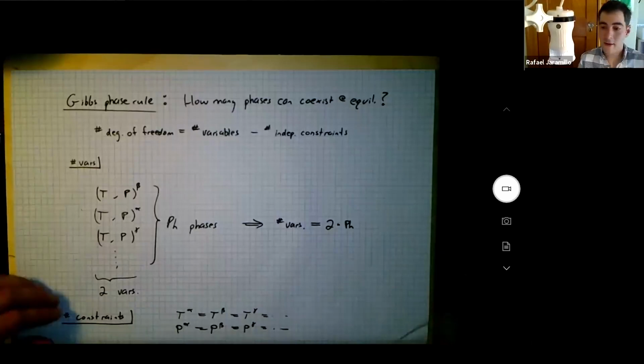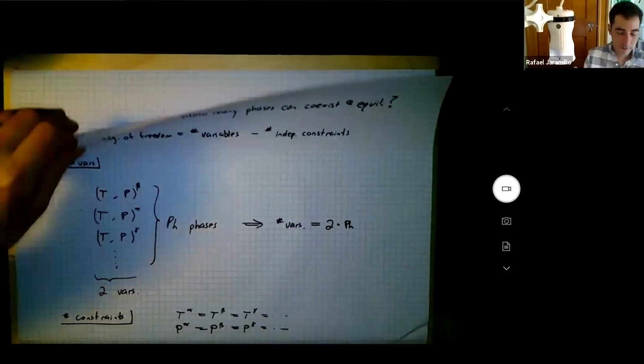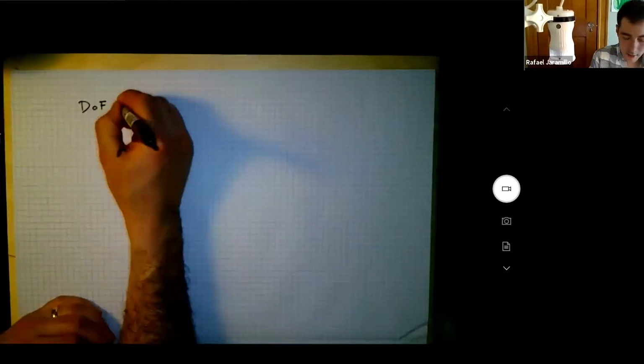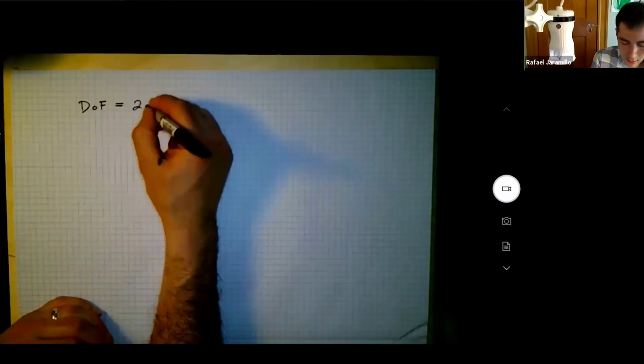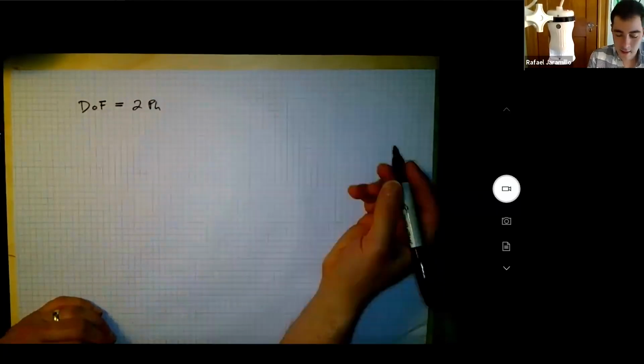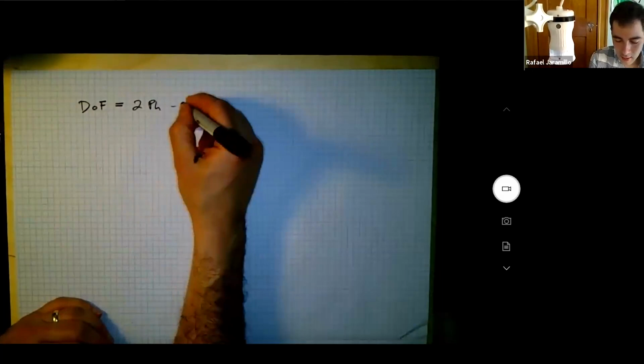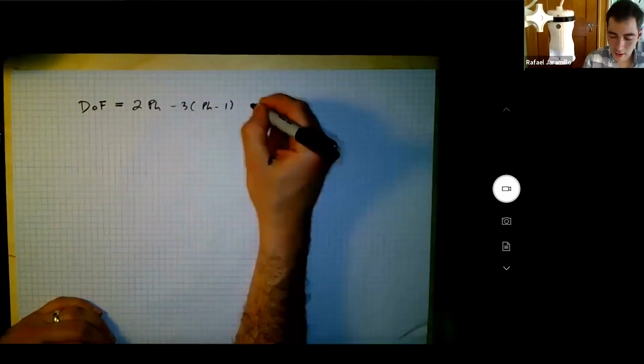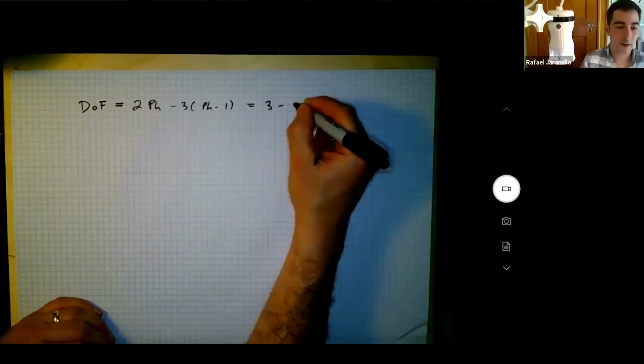And then we skip straight to the answer. The answer is that my number of degrees of freedom equals 2 times phases minus 3 times phases minus 1, which equals 3 minus the number of phases.